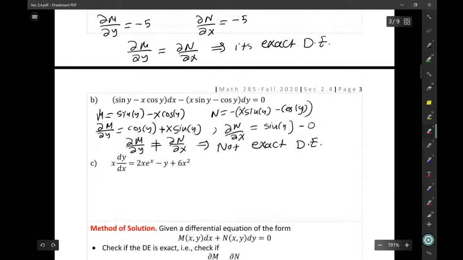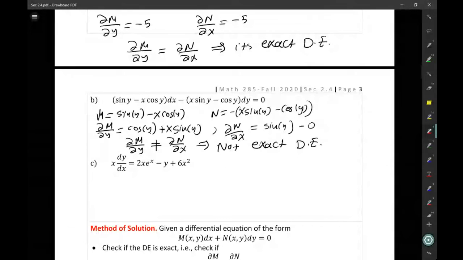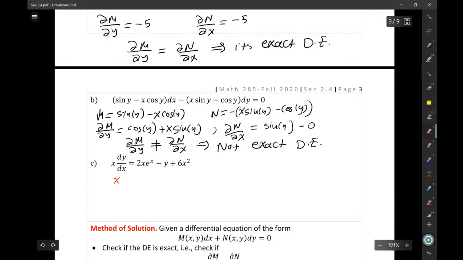Let's see the next one. x times dy over dx is equal to 2x e^x minus y. Here I have to rewrite my equation again. Multiplied both sides by dx, becomes x dy is equal to (2x e^x minus y plus 6x squared) dx.